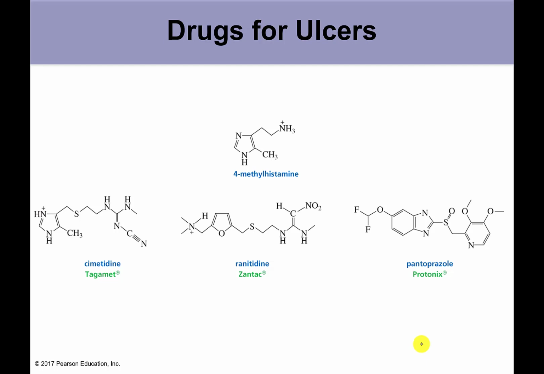And so one of the early drugs created for that was Tagamet. Tagamet is generically known as cimetidine. And you can see, again, some of the structure is mimicked. And some of the structure is not. And the idea is to block that receptor to keep histamines from entering and triggering that response.